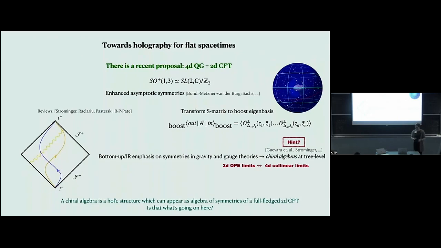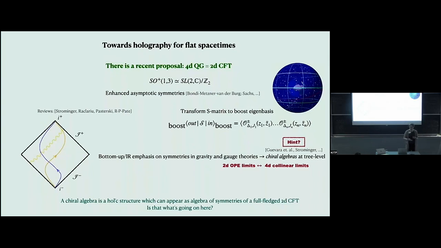And I'm certainly not an expert on the literature, but let me just briefly mention that the crux of the proposal is that perhaps 4-dimensional theories of quantum gravity in asymptotically flat spacetimes might be dual to some codimension 2 non-gravitational theories supported on the celestial sphere at asymptotic null infinity. And so the conjecture or proposal is that perhaps there's some extremely exotic 2-dimensional conformal field theory that encodes the physics of the 4-dimensional theory in that asymptotically flat spacetime.